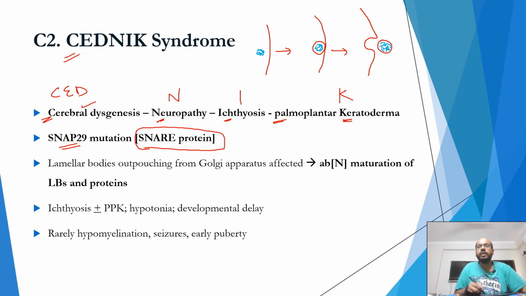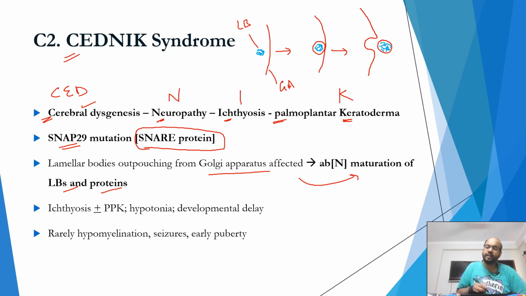Now, where do we get lamellar bodies from? We get them from the Golgi apparatus. Lamellar bodies arise by outpouching from the Golgi apparatus. So here, this is the part of the Golgi apparatus, while this eventually will form a lamellar body. Clear? So lamellar body outpouching from the Golgi apparatus requires SNARE protein, and when it is mutated, there is abnormal maturation of lamellar bodies and proteins.